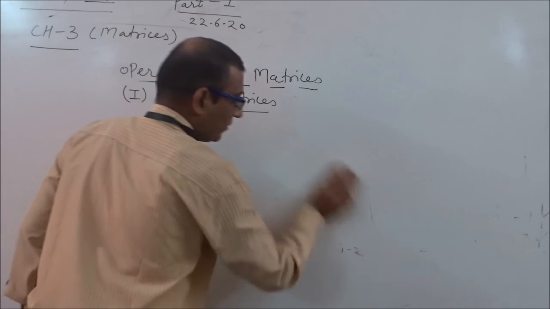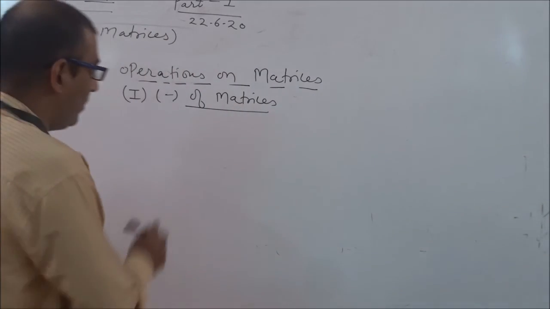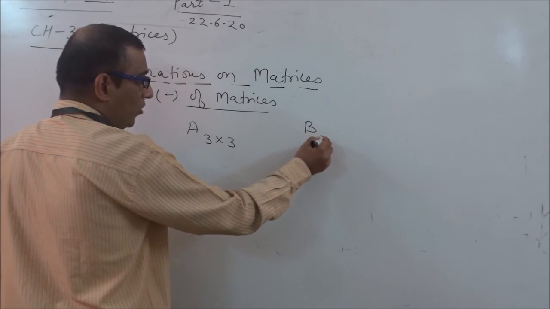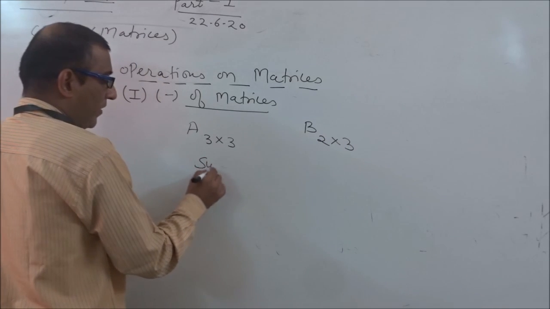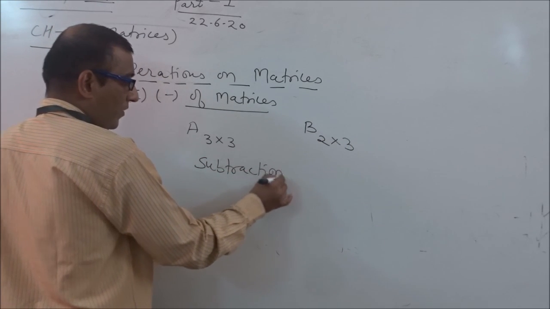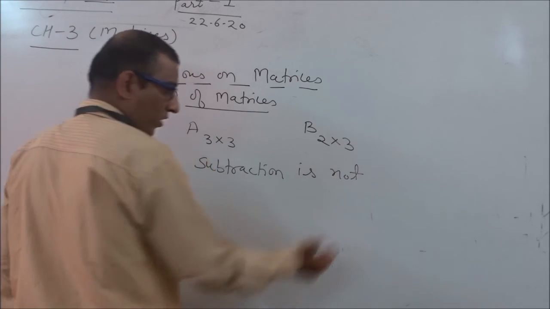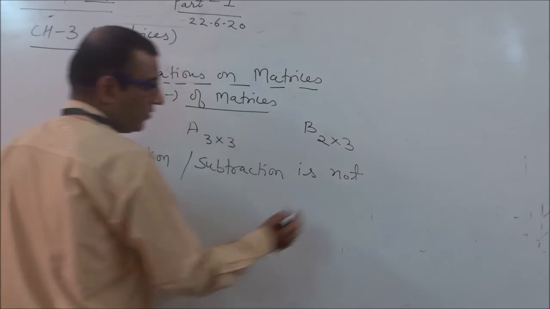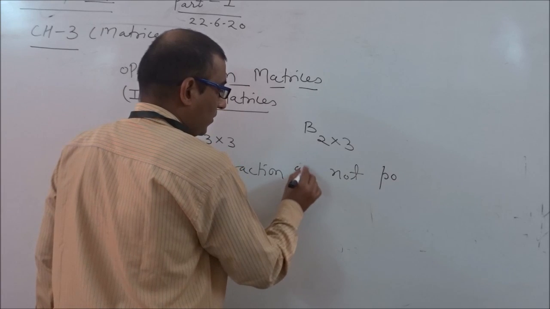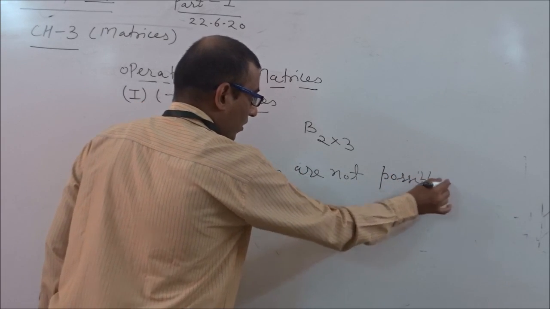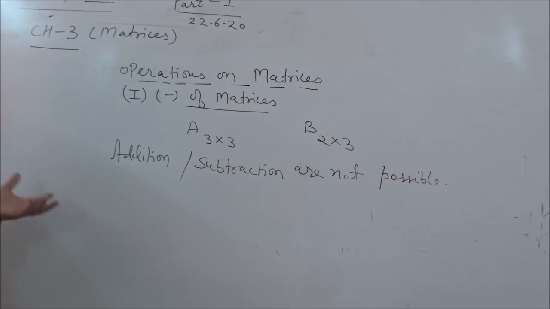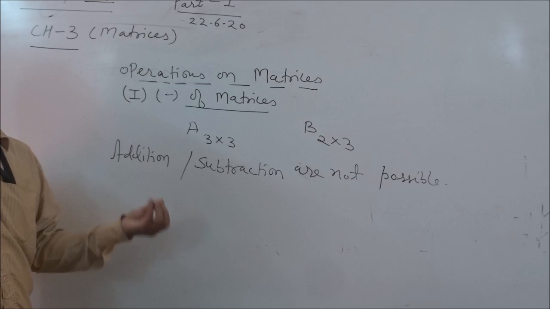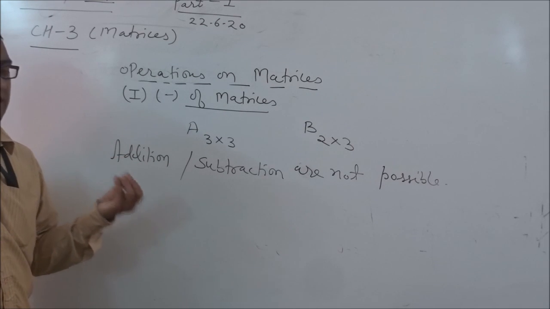For example, the order of A is 3 into 3 and the order of B is 2 into 3, then we can say subtraction is not possible. In this case, addition is also not possible. Subtraction or addition, both are not possible. So this is the mandatory condition. If we want to add two matrices or subtract two matrices, their order must be the same. Otherwise, it is not possible.